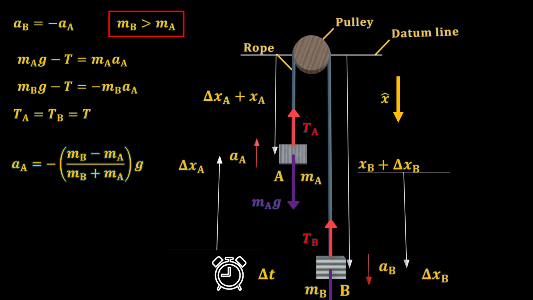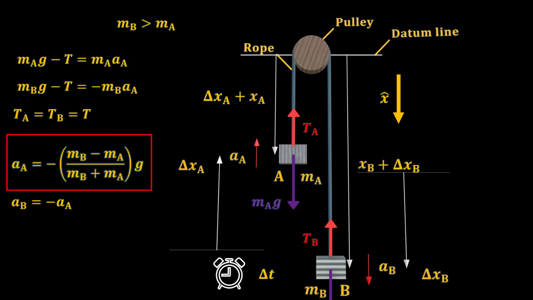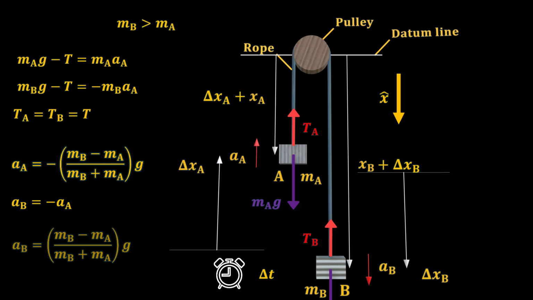Then for AB, we have simply AB equals minus AA, and we can substitute this value into the equation, and we finally obtain AB equals (MB minus MA) over (MB plus MA) times G. And for MB greater than MA, AB is positive, which means object B is accelerating downwards. And here it is, we have solved the problem.